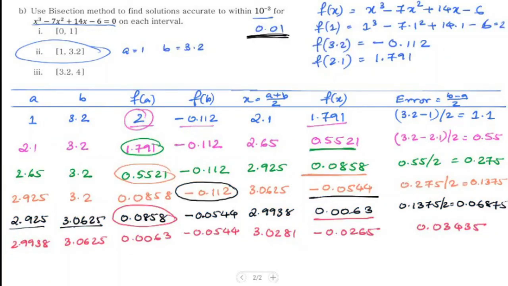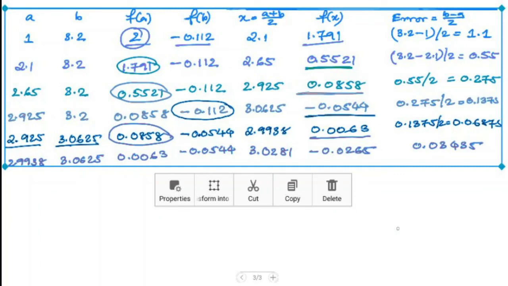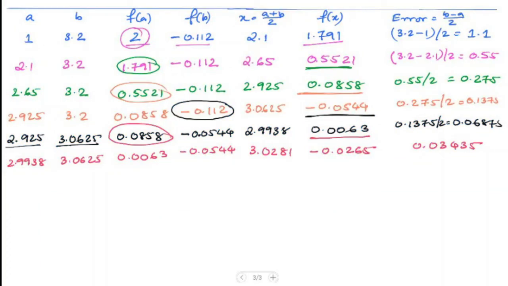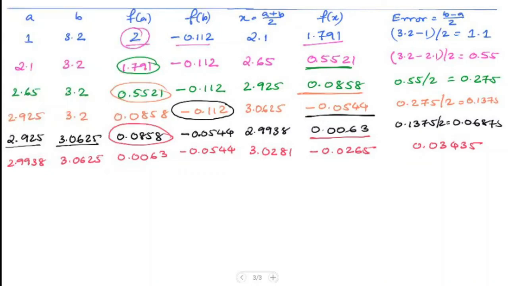Okay, so now we'll check what should we do next. So here we have this number, which is the f of x, as a negative number, so we'll replace that with the negative number from f of a and f of b.